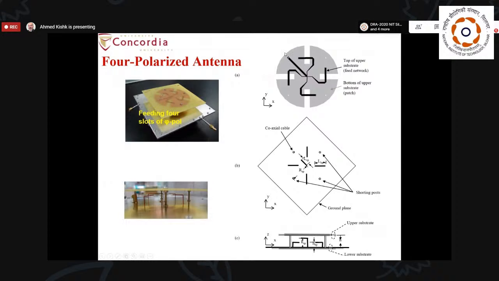Here, our patch is circular, but we cut 4 edge slots, and we excite it in this way, like you can see a power divider 1 to 4 coming from this line, split into 4. So this is 1 going in this direction. This is 1. So this is like E theta in this direction. All are in the same direction.